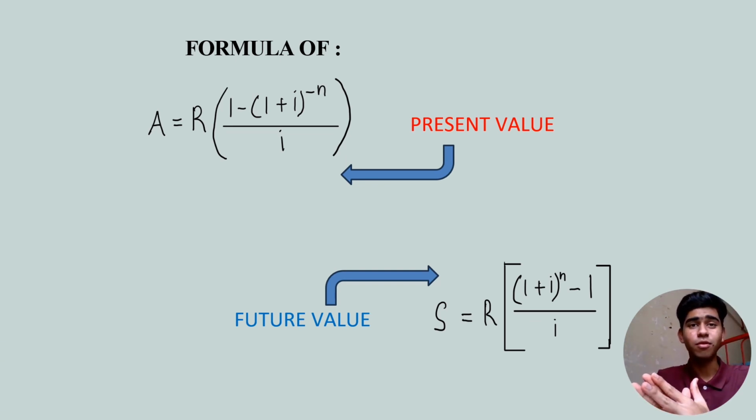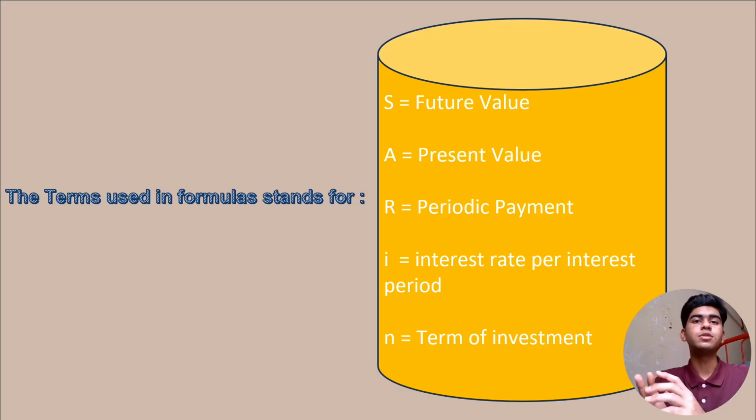The formula of future value is S equals R in bracket 1 plus i power of n minus 1 over i close bracket. The terms used in the formulas: S stands for future value, A stands for present value, R stands for periodic payment, i is interest rate per interest period, and n stands for term of investment.